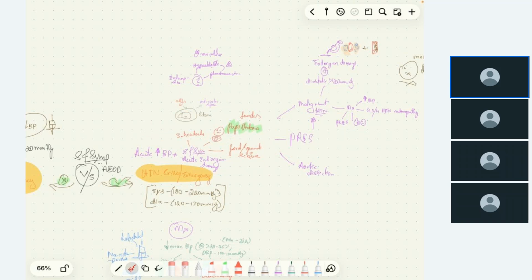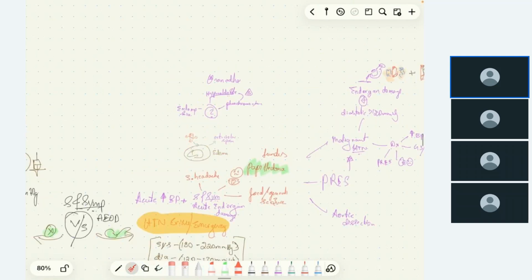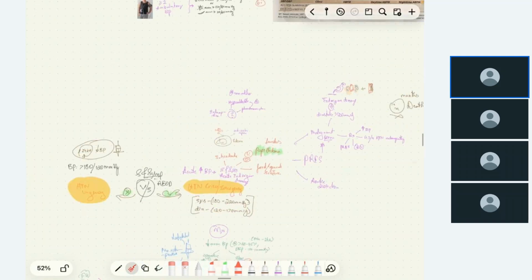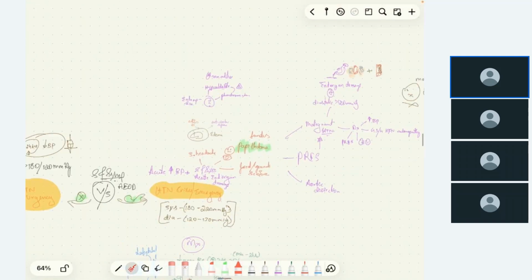Now, why will this patient have hypertensive crisis or emergency? It may be due to pheochromocytoma, where there is rapid release of epinephrine, or primary hyperaldosteronism, which leads to acute increase in blood pressure. And also in case of eclampsia patients, there may be acute increase in blood pressure leading on to hypertensive crisis or emergency.